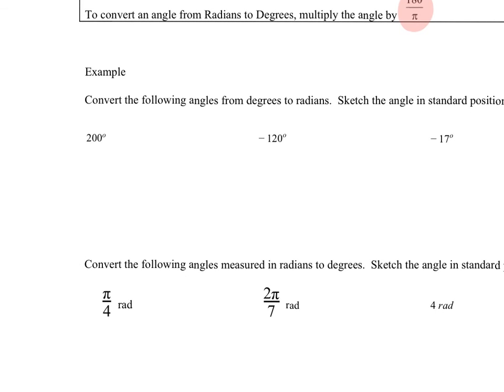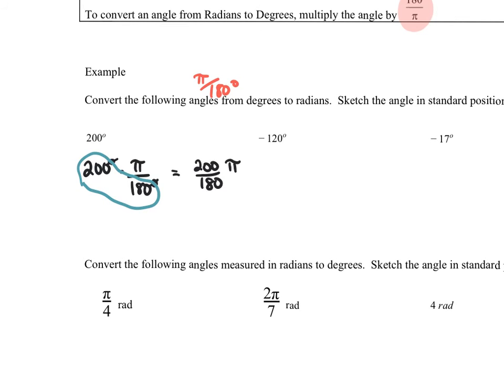So if I have 200, remember when I'm going from degrees to radians, I'm going to multiply by pi over 180 degrees. So I'll take 200 degrees times pi over 180. So the degrees will cancel and give me that unitless measure. Now the way we will typically write this is we'll keep pi in my answer, and then I'll just take what is 200 divided by 180, and I'll put it in front of pi.